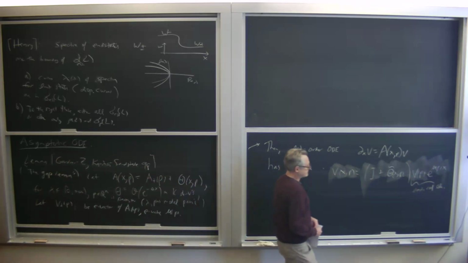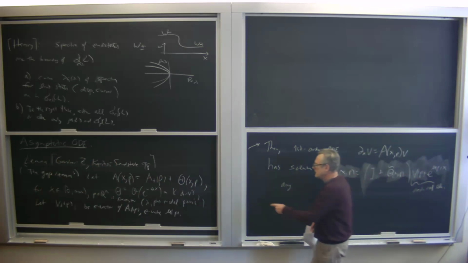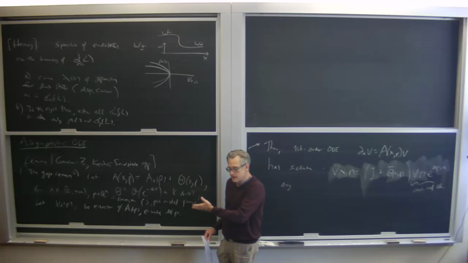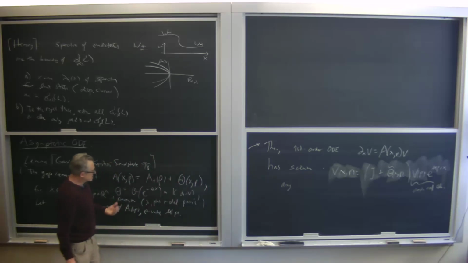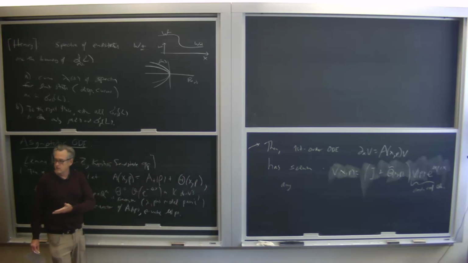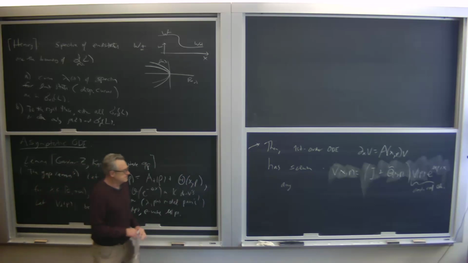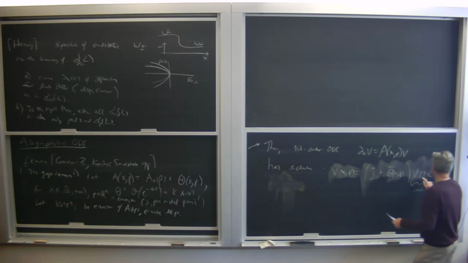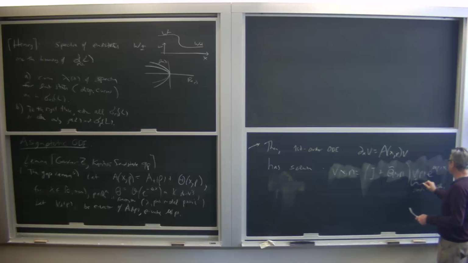So the idea is, we've assumed that this is exponentially decaying, and so long as we have exponential decay, this says we can find solutions that are near the limiting constant coefficient solutions, B plus of p e to the mu plus of p x.